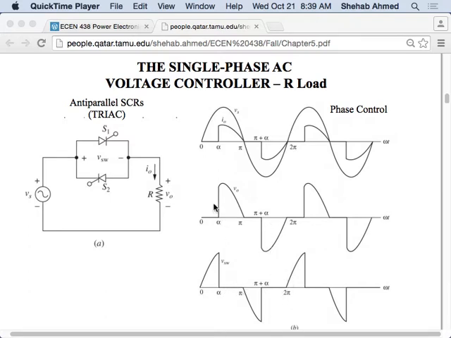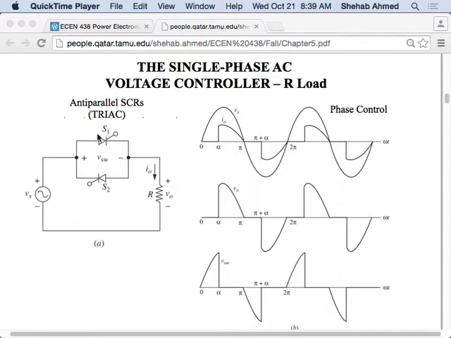When the switches are off, from this node to this node, it's like an open circuit. So what does V switch equal? This is open circuit. There's no current flowing. That means the V switch is equal to V input, right? So that's why the V switch looks like V input at the beginning until alpha. Okay? So that's these waveforms.